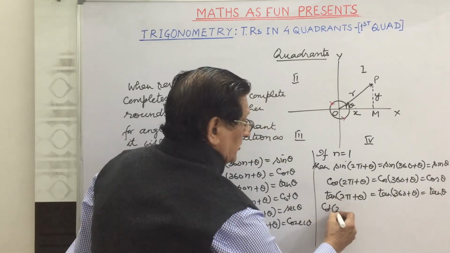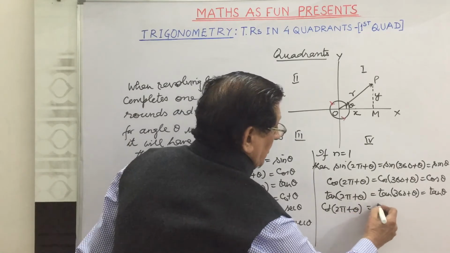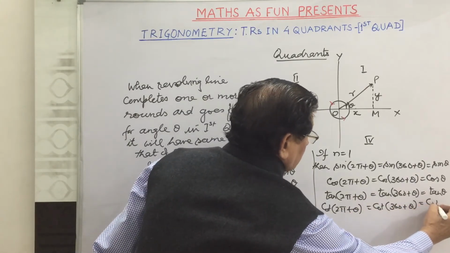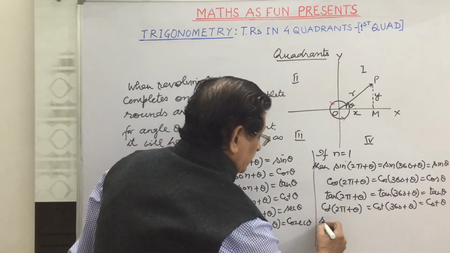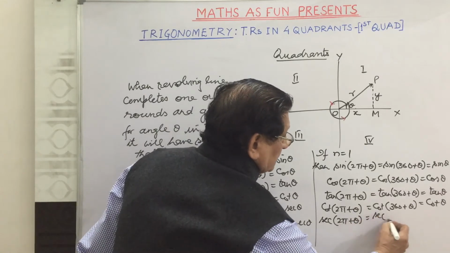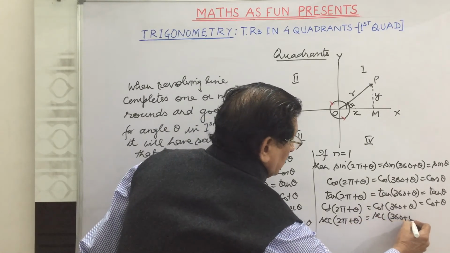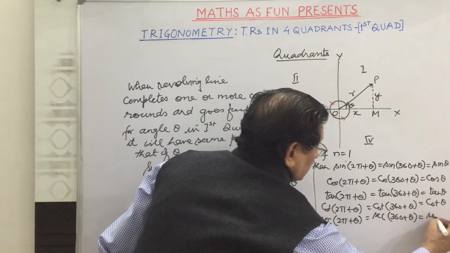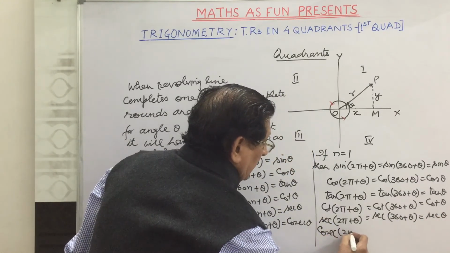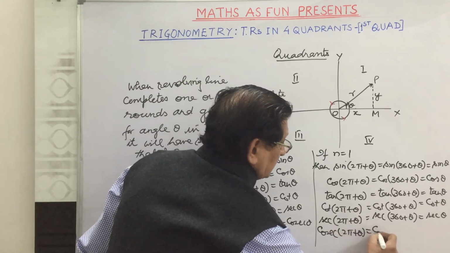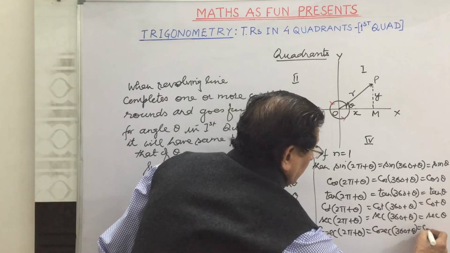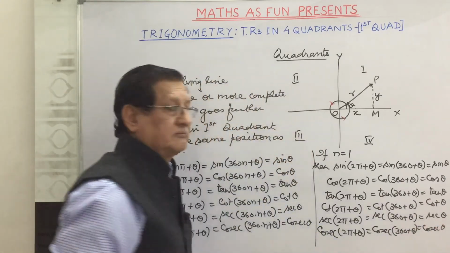Cot of 2 pi plus theta or cot of 360 plus theta is same as cot theta. Sec of 2 pi plus theta is equal to sec of 360 plus theta in degrees, and that is same as sec theta. Cosec of 2 pi plus theta is equal to cosec of 360 plus theta, which is same as cosec theta.